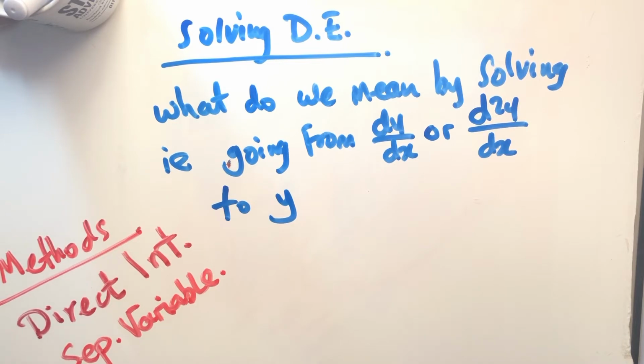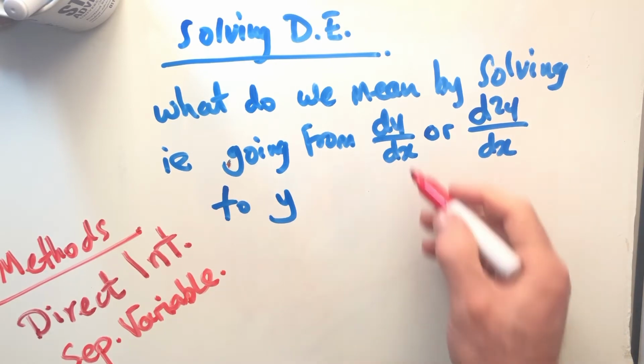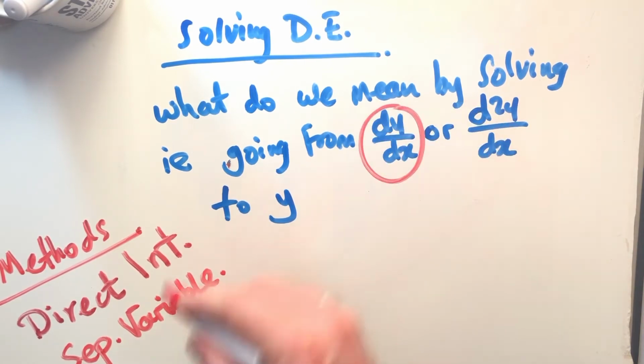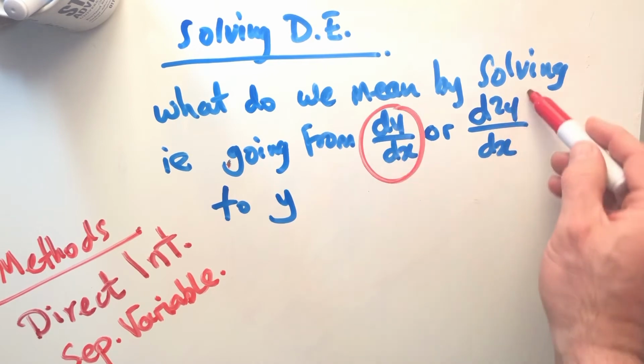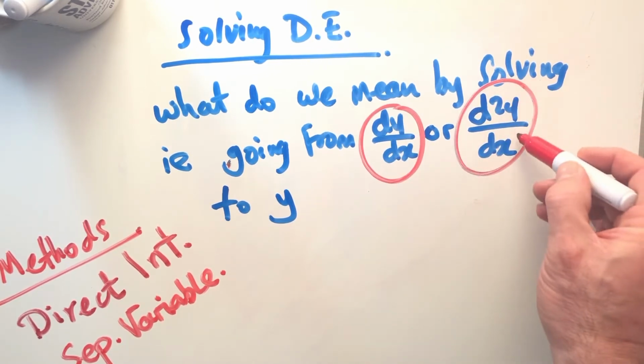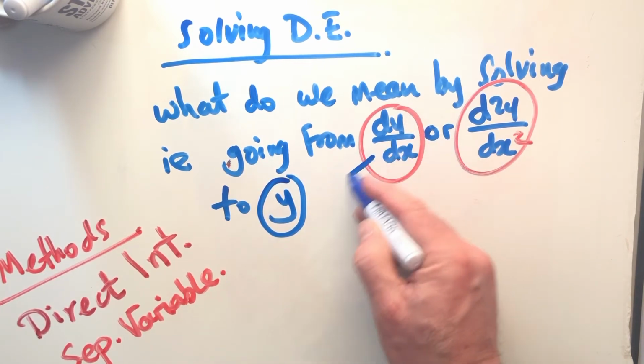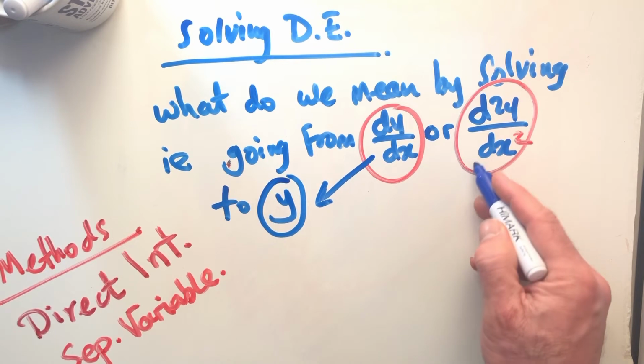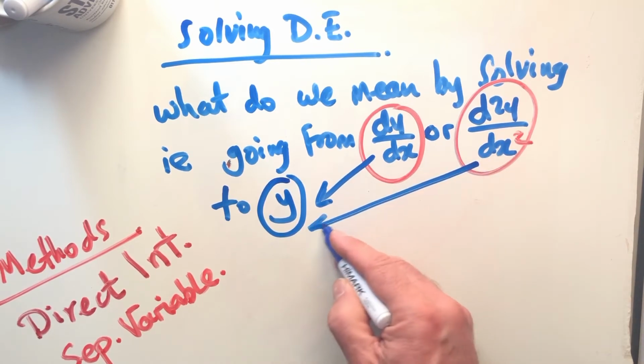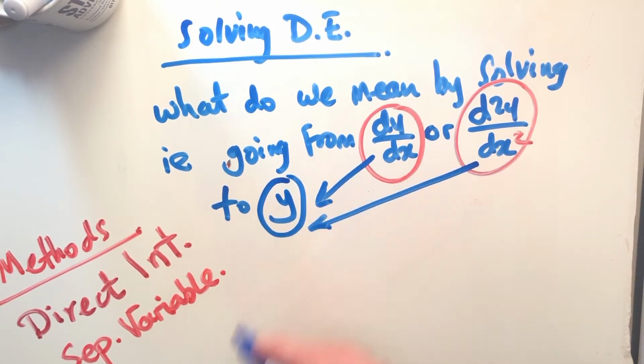So, solving differential equations. What do we mean by solving the differential equation? Well, we said the differential equation will contain a term like dy dx or d squared y by dx squared. By solving it, we need to go back to the original function of y, going from dy dx to y, or from d squared y dx squared to y.